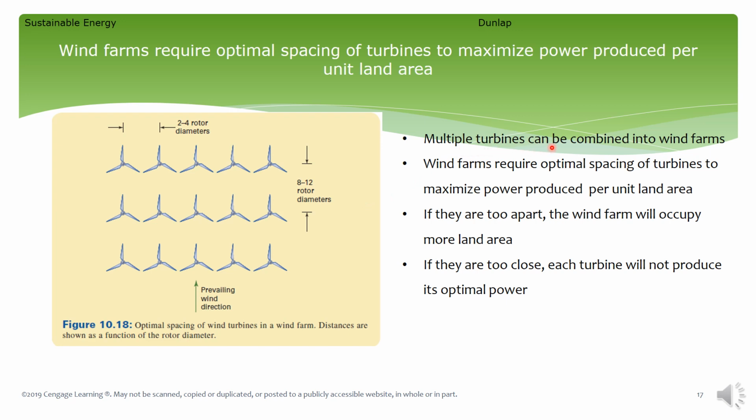Multiple turbines can be combined into a wind farm. Wind farms require optimum spacing of turbines to maximize power produced per unit land area. If they are too far apart, the wind farm will occupy more land area. If they are too close, each turbine will not produce its optimum power.